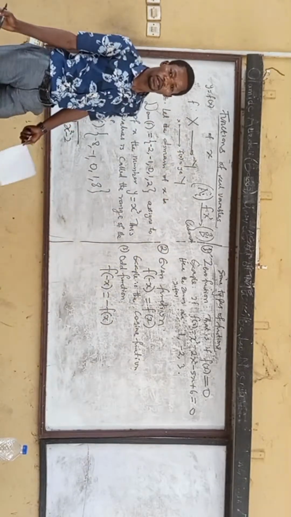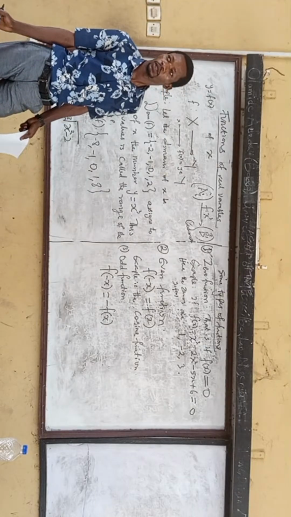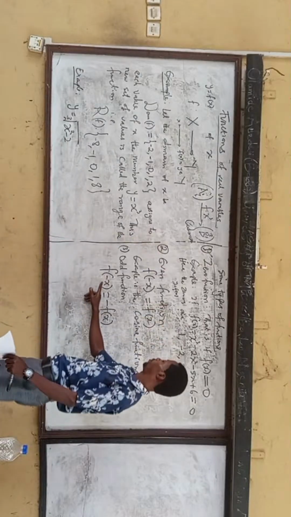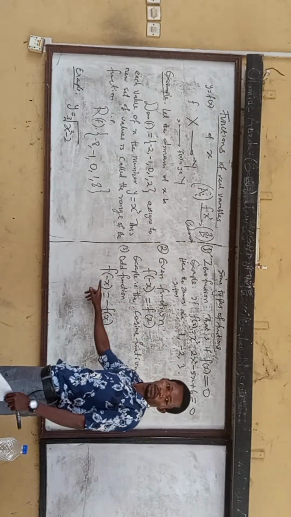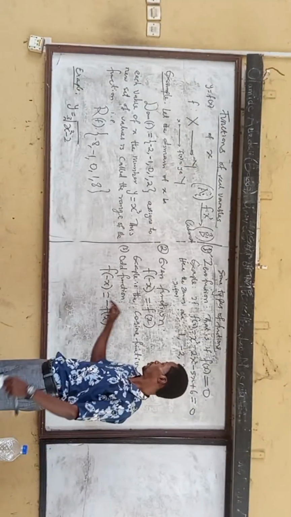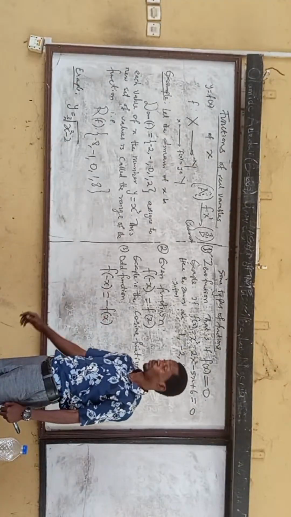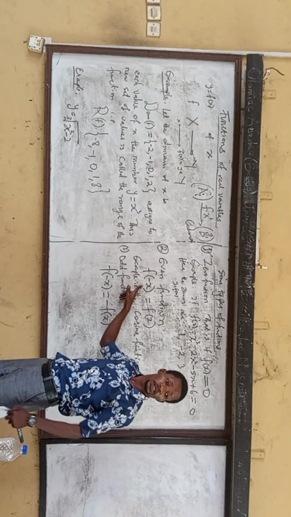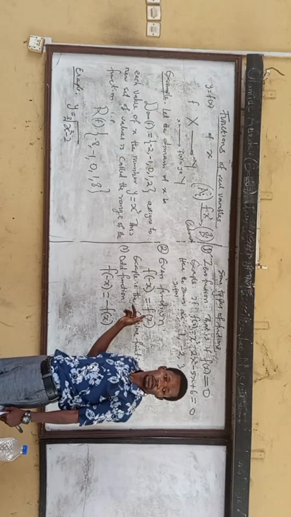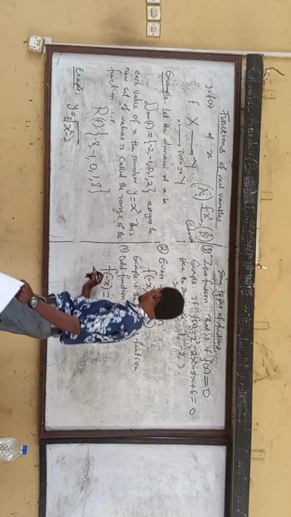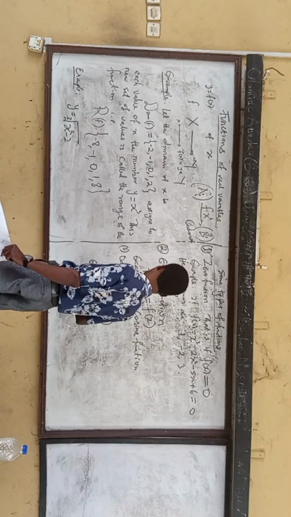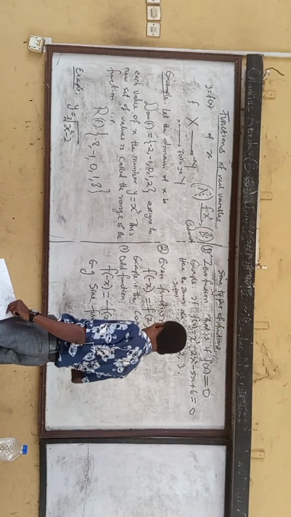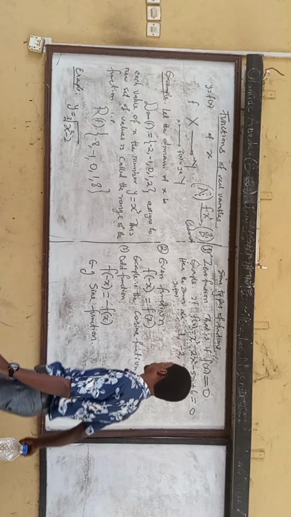I think these concepts are easy. If by having f of minus x you get minus f of x, it is odd, but it is even if f of minus x is still the same as f of x. An example of an odd function is the sine function.